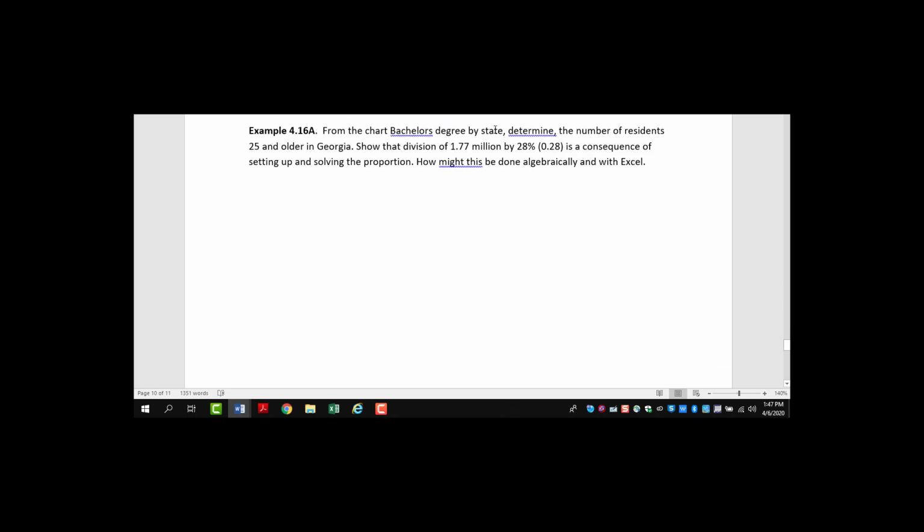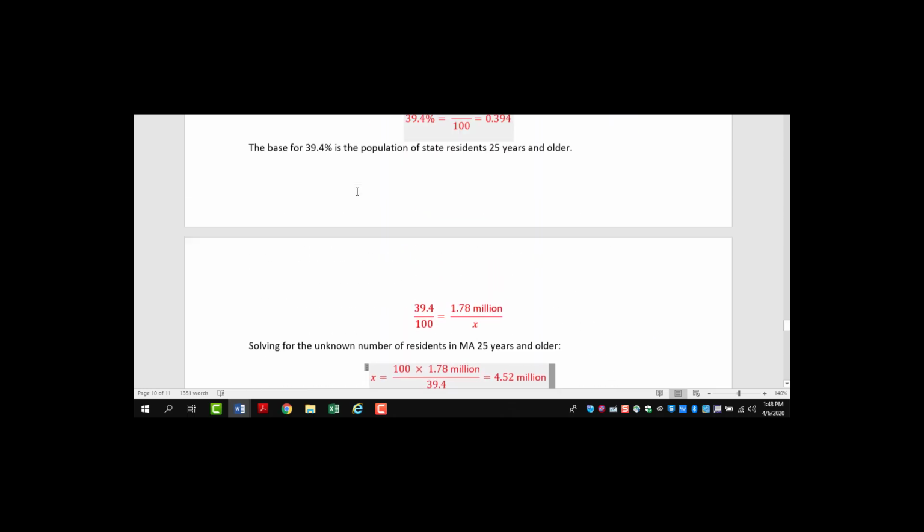Okay, from the chart, determine the number of residents 25 and older in Georgia. And we're going to do this both with a proportion and with algebra. So let's go up here and look at the data that we have from Georgia. 1.77 million people, 28%.